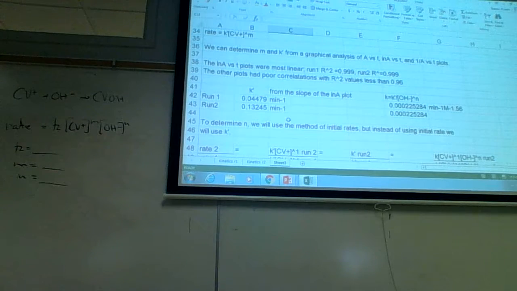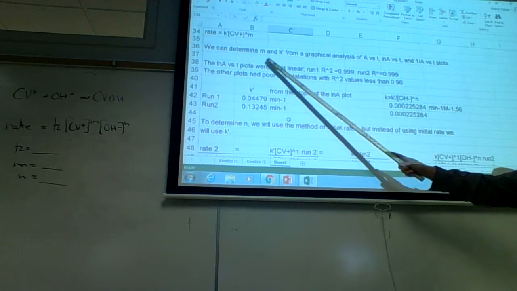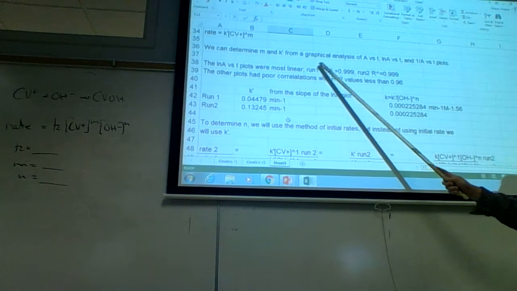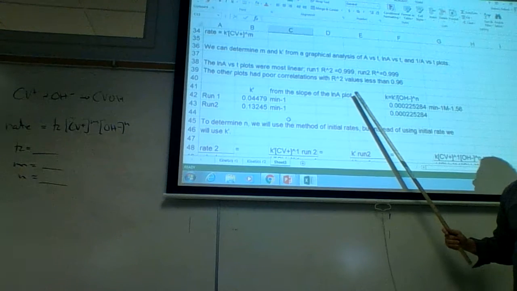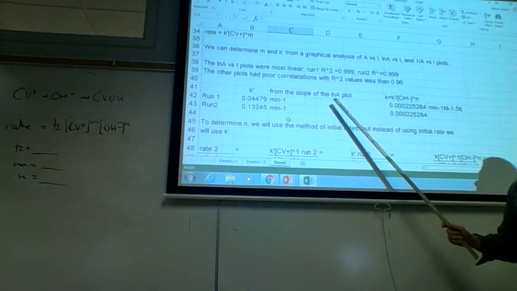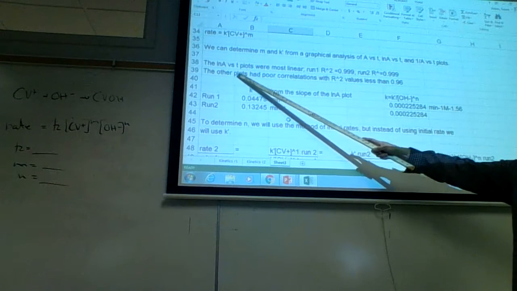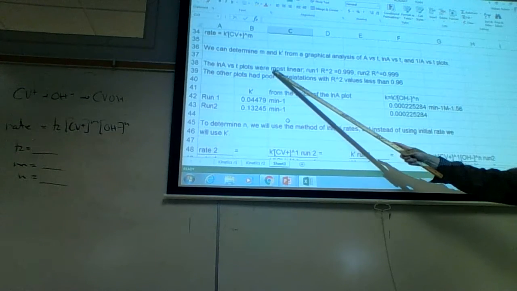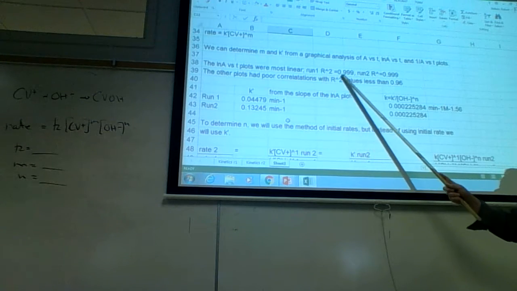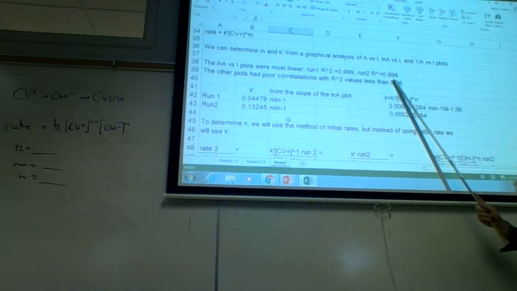So for this, we're going to get m and k prime from the graph. The slope is just equal to k, and since we're doing it pseudo m order, k is k prime. It looks like the ln versus t plot, the natural log plot, was the most linear. Run 1 was 0.999, run 2 had 0.999s.